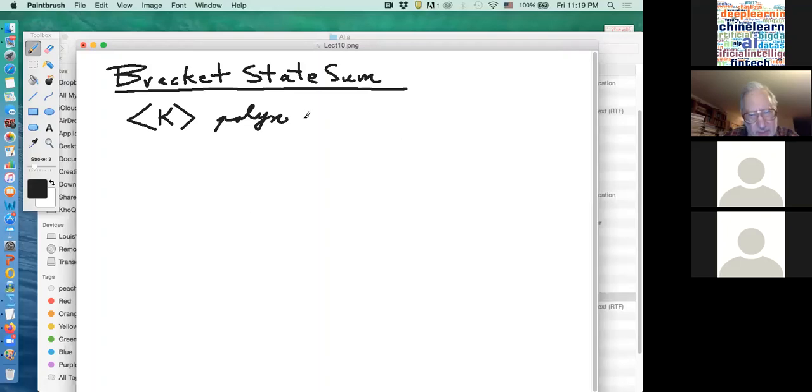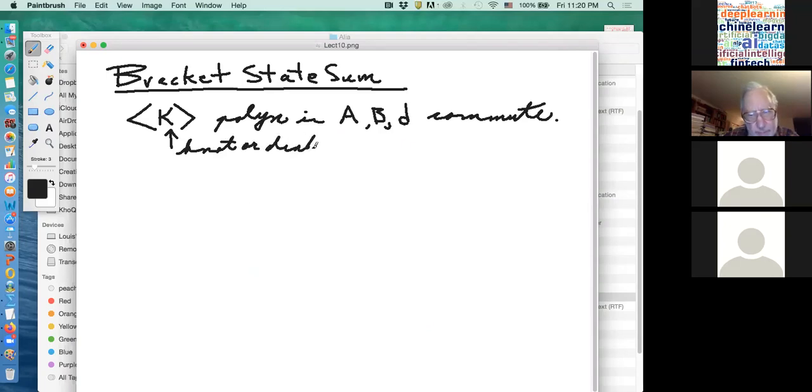It's going to be a polynomial in variables A, B, and D that commute. And this is going to associate a polynomial to a knot or link diagram. So we're going to have it well defined at the level of a diagram.